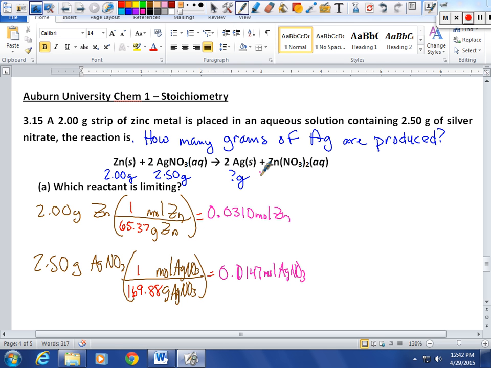Now the next step is to convert the moles of the reactants to the moles of the unknown. What is the unknown? Silver. All right, so this is the easy part because all it is is the mole to mole ratio.